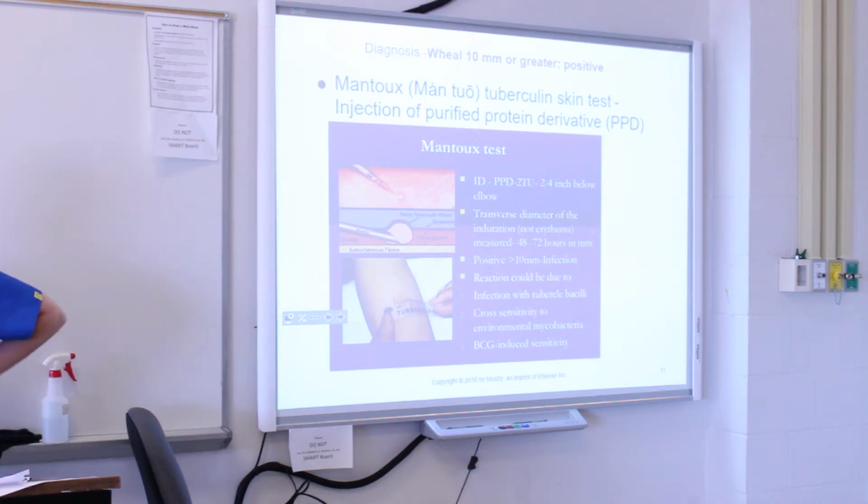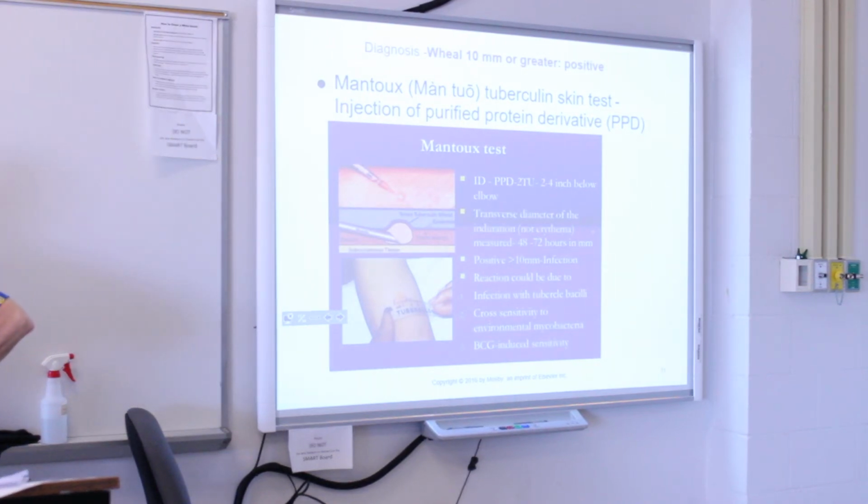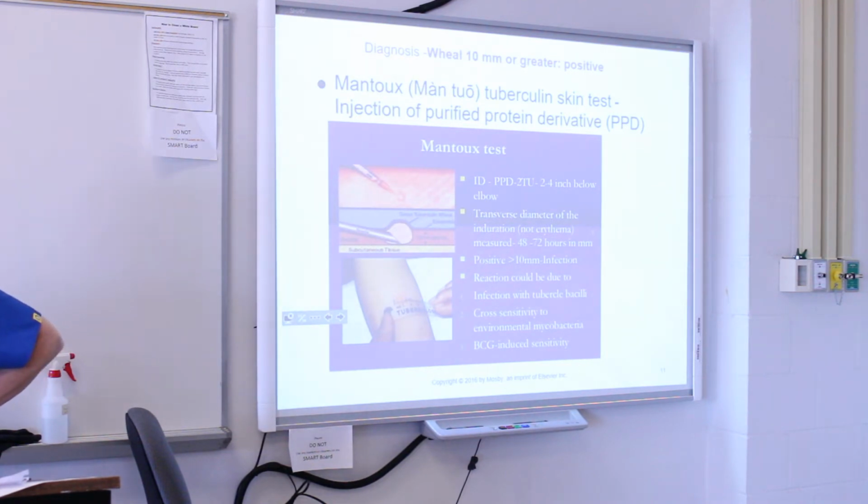Now what happens if you have a positive TB skin test and you don't have active tuberculosis? They do a chest x-ray to see if there are any Ghon complexes on the x-ray.